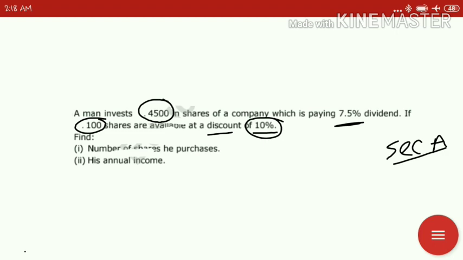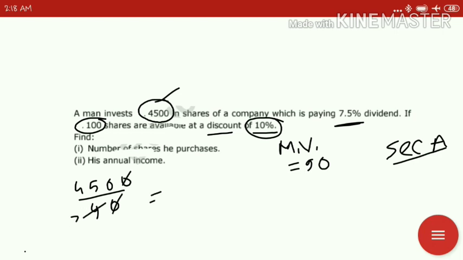So for the number of shares he purchased, the investment is 4,500, and the market value is rupees 90. So the number of shares is the investment, 4,500 by 90, and if you calculate, that is 50. So 50 is the number of shares he has purchased.